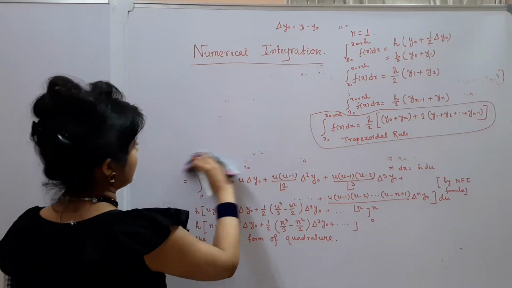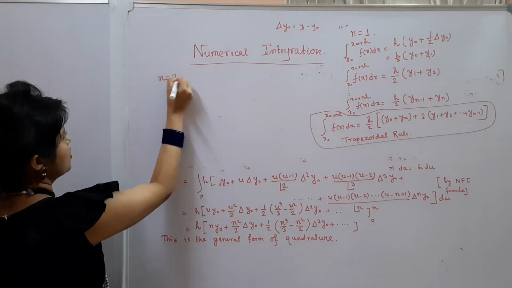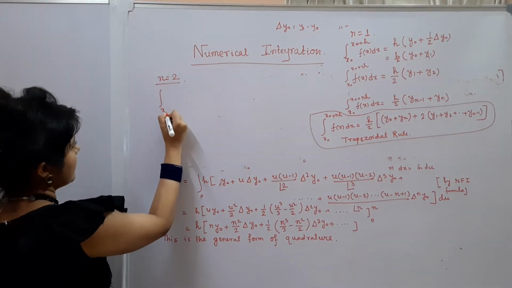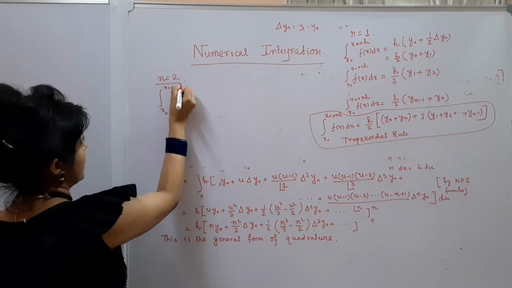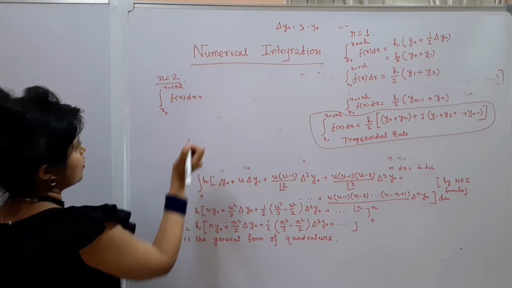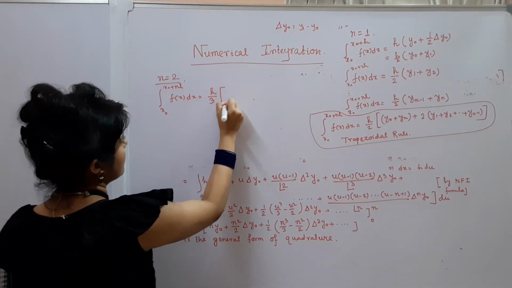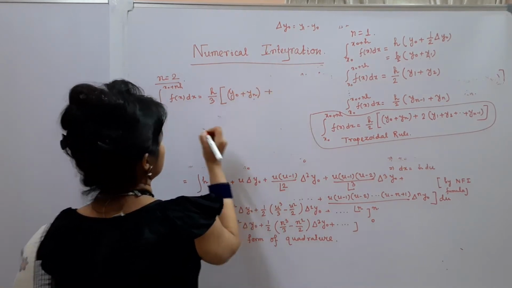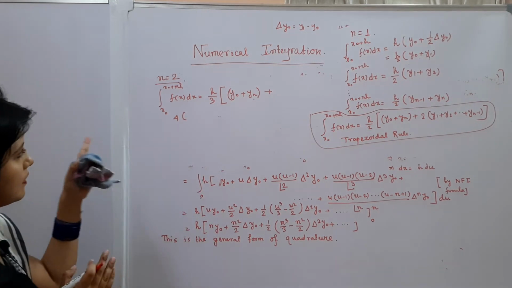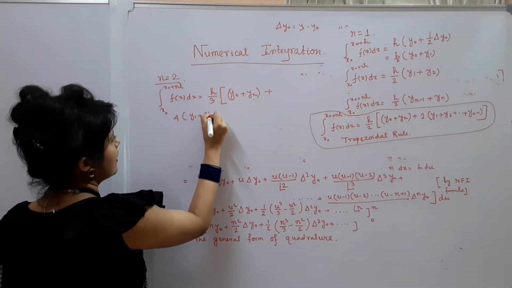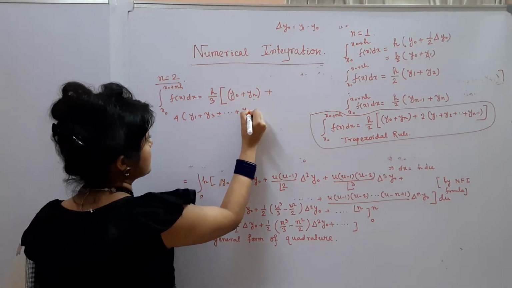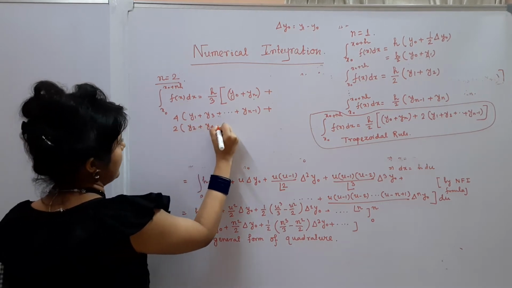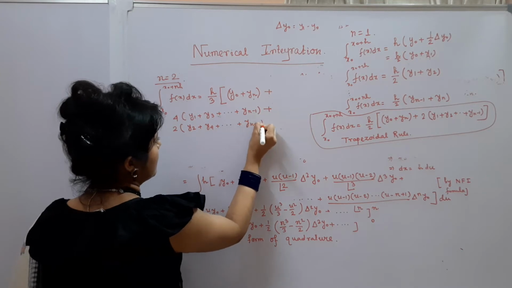Now the next special case is n is equal to 2. If we put n is equal to 2 here, finally it will give you h by 3, where y0 and yn appear once, all the odd values appear 4 times, plus all the even values appear twice.